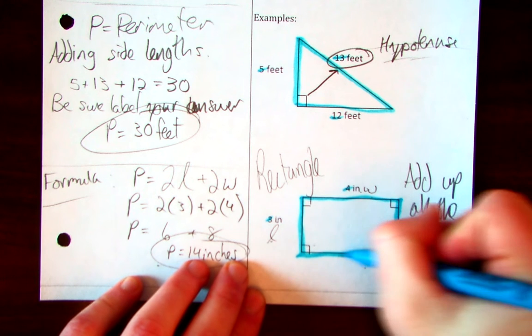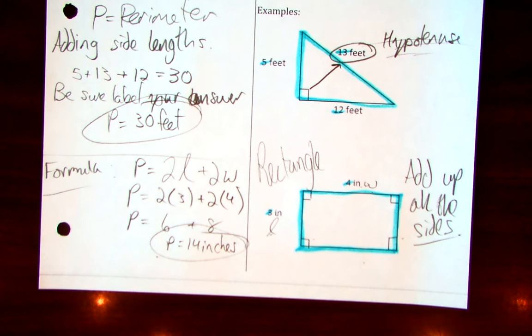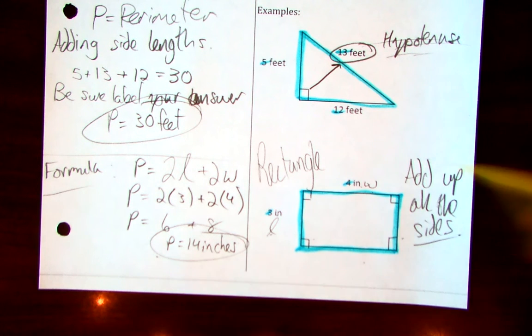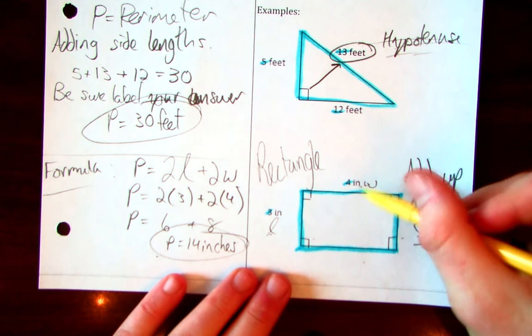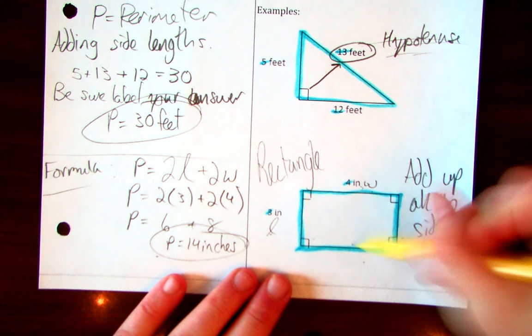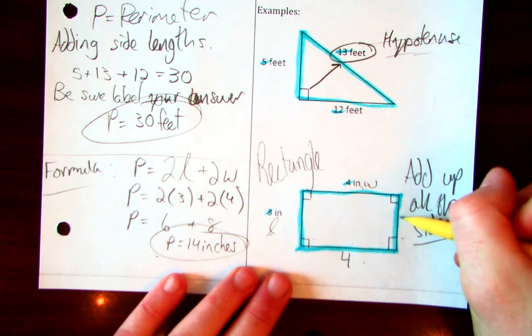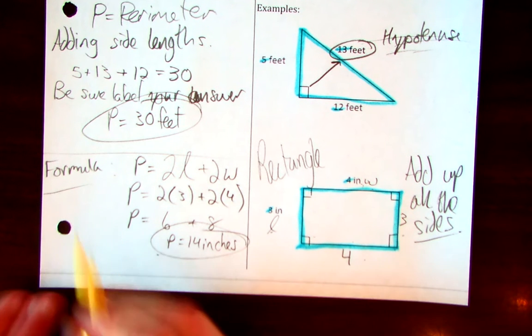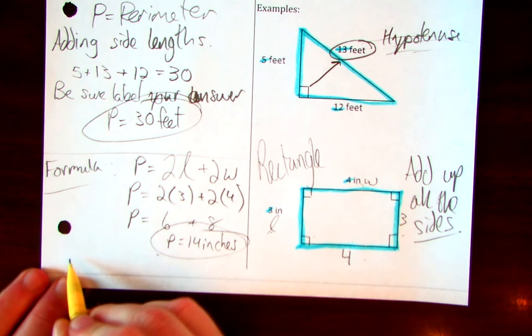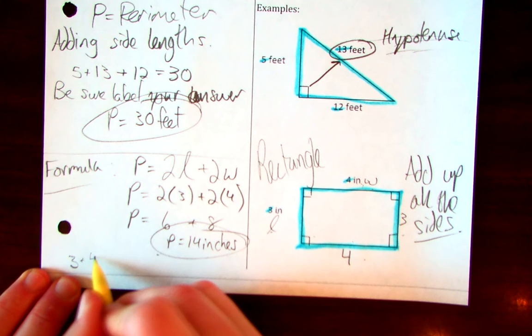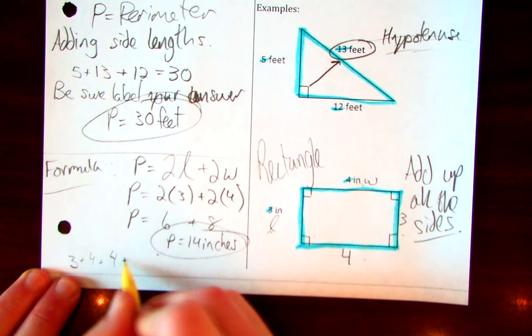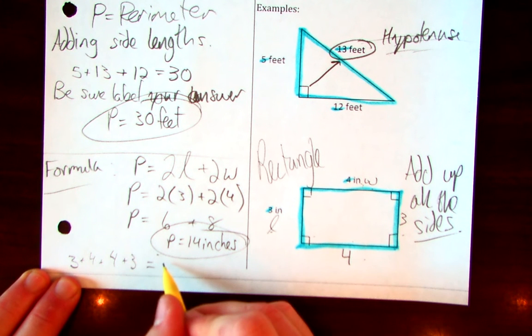You're going to use your intuition, or you're going to use your logic to get you out of a situation. So we know that these side lengths are equal, so we can say this is also 4 inches and this is also 3 inches. And so very simply we can do our quick math. 3 plus 4 plus 4 plus 3 is going to be equal to, yep, you guessed it, 14 inches.